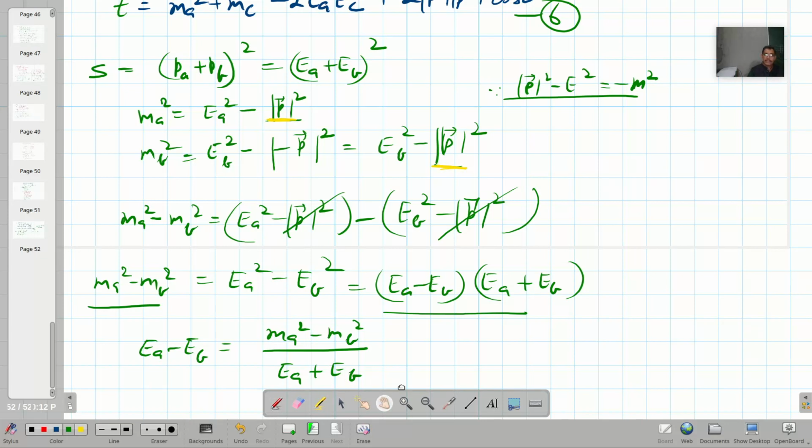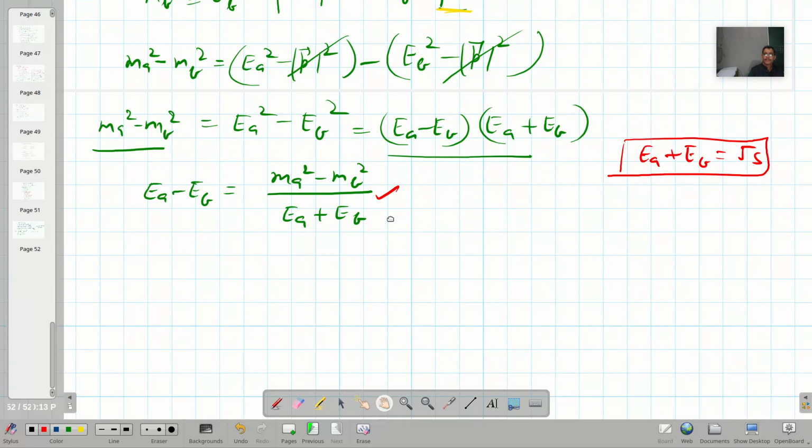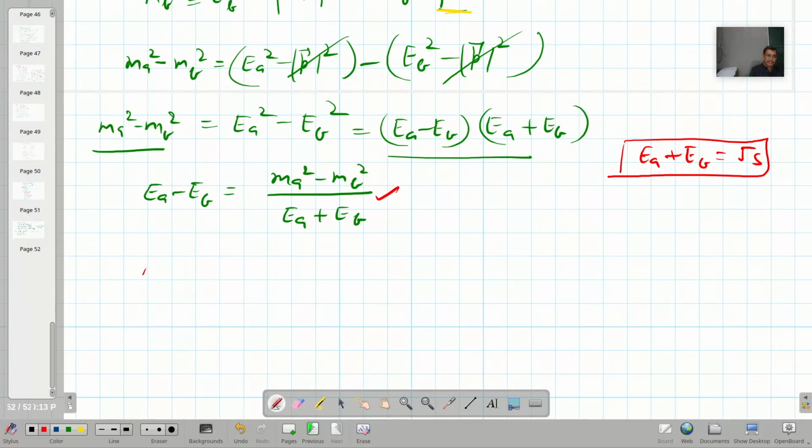And as we have evaluated here, EA plus EB comes out to be root S. So if I use this here, then EA minus EB can be written as MA square minus MB square divided by root S.